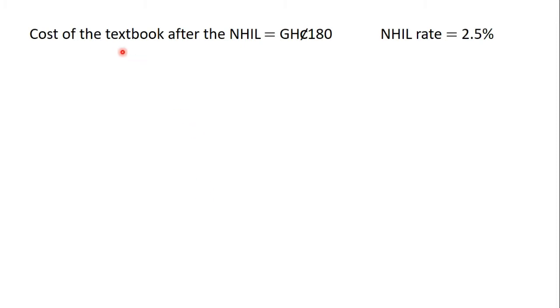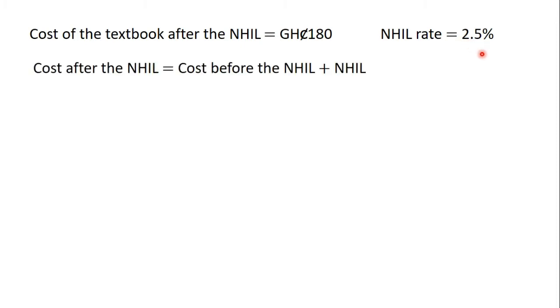We know that the cost of the textbook after the NHIL is 180 Ghana cedis and the rate is 2.5%. Now, we want the cost of the textbook before NHIL. So the cost of the textbook after NHIL will be equal to the cost of the textbook before NHIL plus the NHIL.